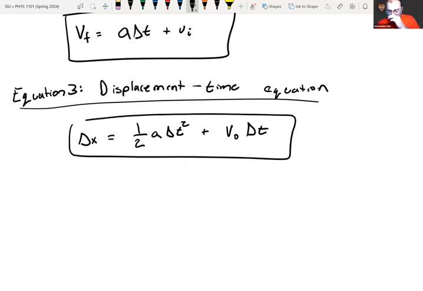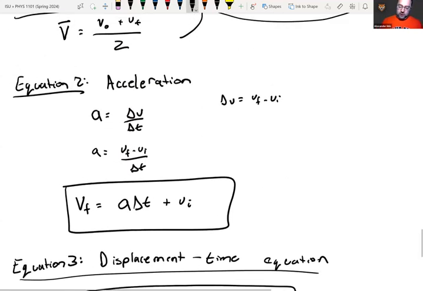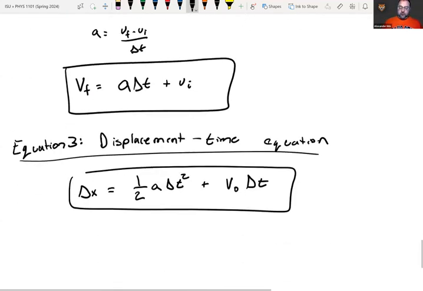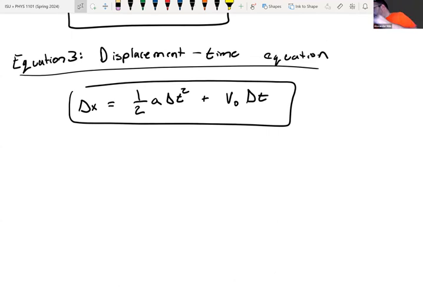Now, when you think about the fourth equation, equation 4, this will be your displacement velocity equation. The way I'm going to put this one, this is the time independent equation.